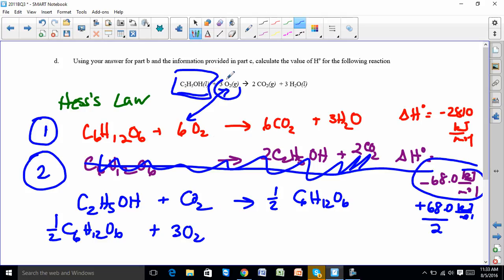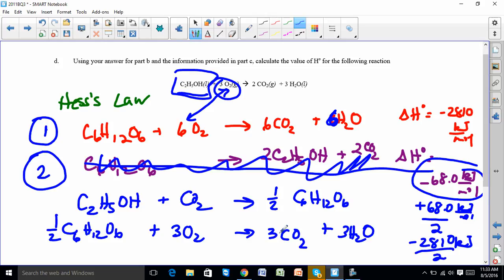That's good, because then this will be correct. I did something wrong here. Yeah, this is supposed to be a 6. I don't know why I put a 3 there. And then 6 divided by 2 is 3. And I didn't flip this, so it's still negative, but I did divide it by 2.